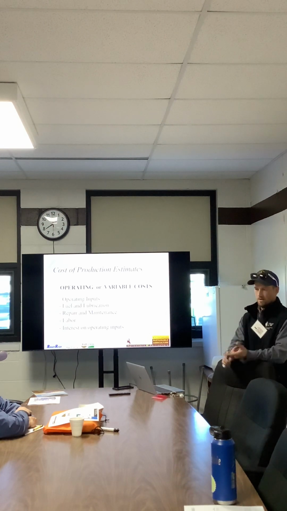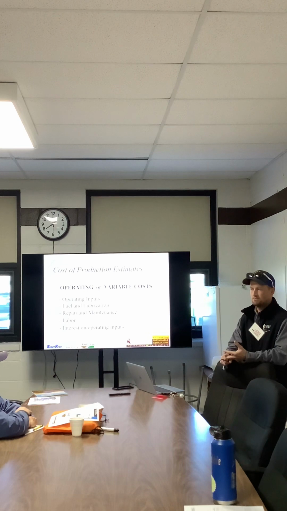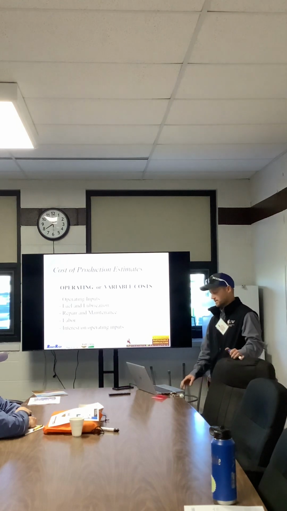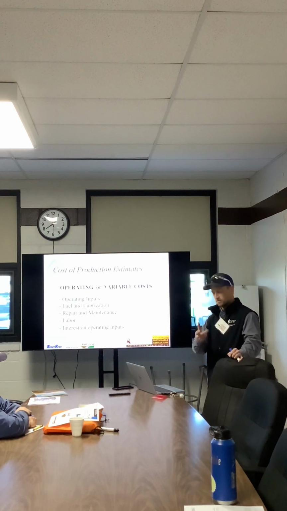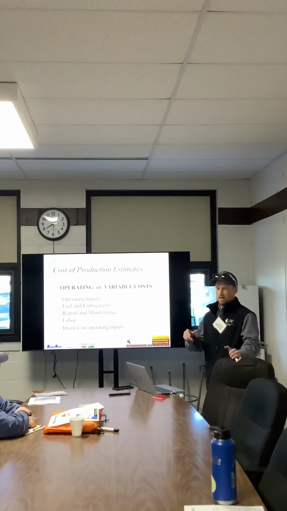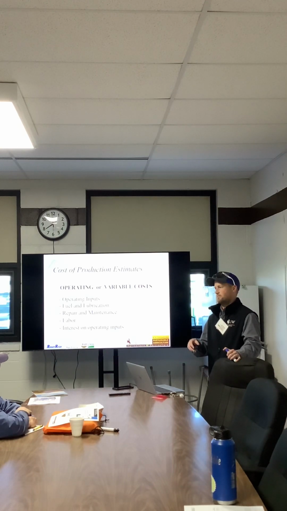So, other things: ear tags, vet costs, feed, labor. Again, feed and labor are gonna be your two biggest variable costs. Fuel and lubrication for equipment, and then any interest on operating inputs. So, if you have borrowed money, that technically is a variable cost, because you needed to borrow that money to produce something.